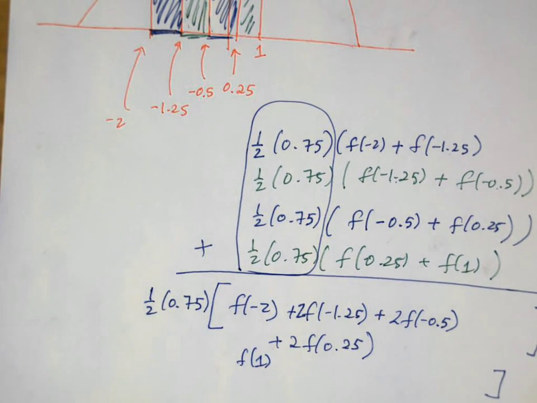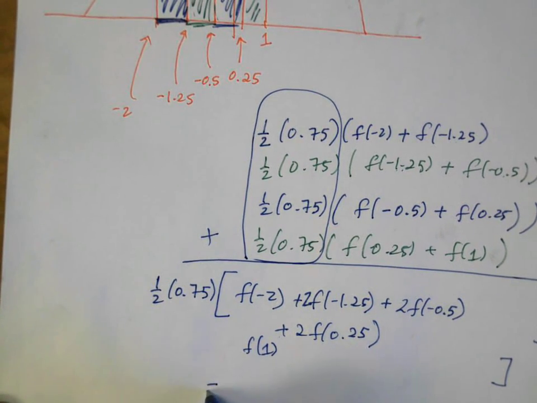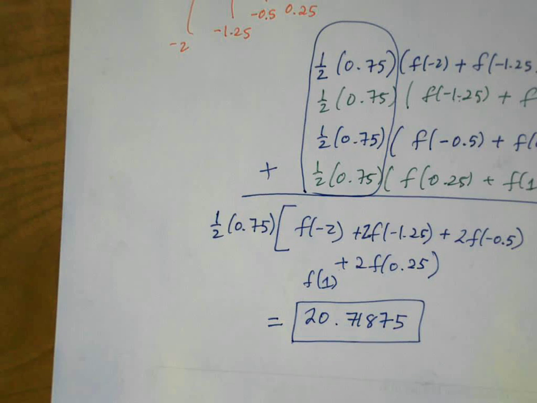So we take this and put it into a calculator, and that will give us 20.71875.